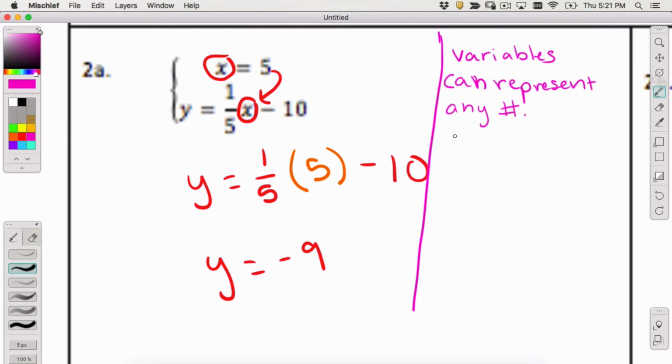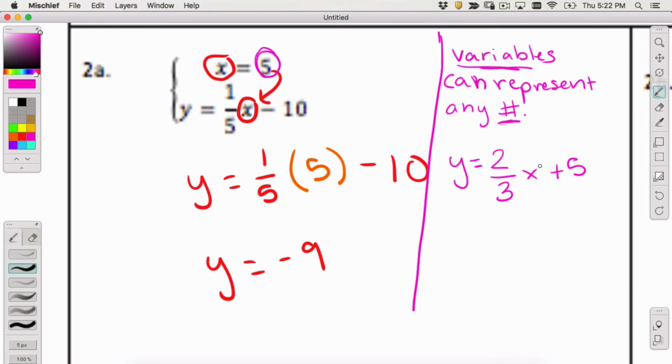Okay, when we have the same variable in two different spots, and we know what number the variable equals, we can replace that value in for the exact same variable. So let's say that I had another equation. Instead of y equals 1/5 x minus 10, let's say that I had y equals 2/3 x plus 5.